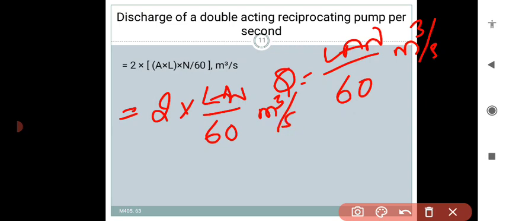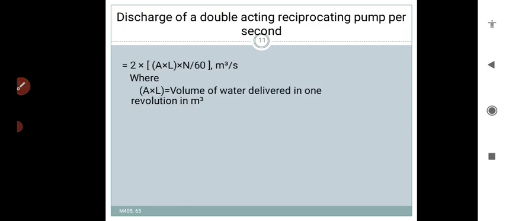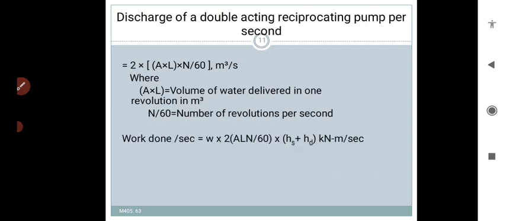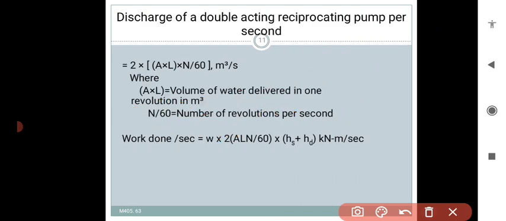This is the discharge of a double acting reciprocating pump, where A into L is the volume of water delivered in 1 revolution in meter cube, and N by 60 is the number of revolutions per second. Now, what is the work done per second? We know that for a single acting reciprocating pump the work done per second is W into Q into HS plus HD.